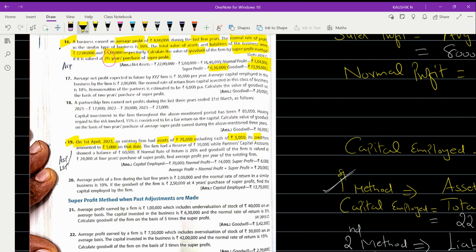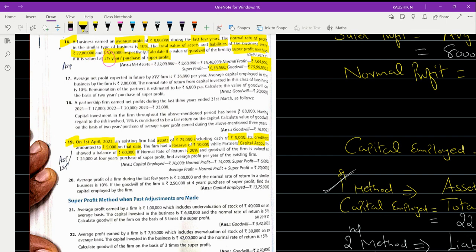The firm had a reserve amounting to rupees 10,000, while the partners' capital account showed a balance of rupees 60,000. If the normal rate of return is 20 percentage, what does it refer to?